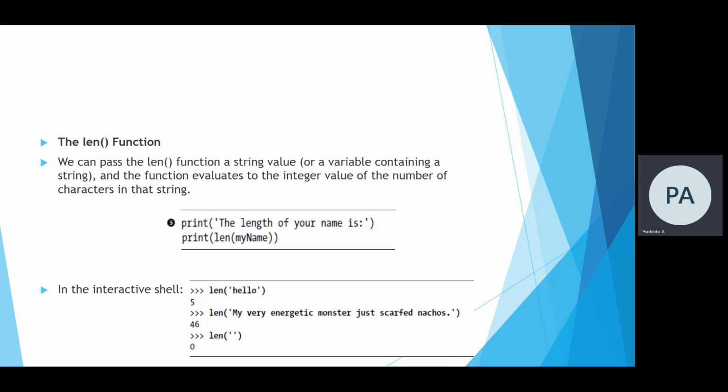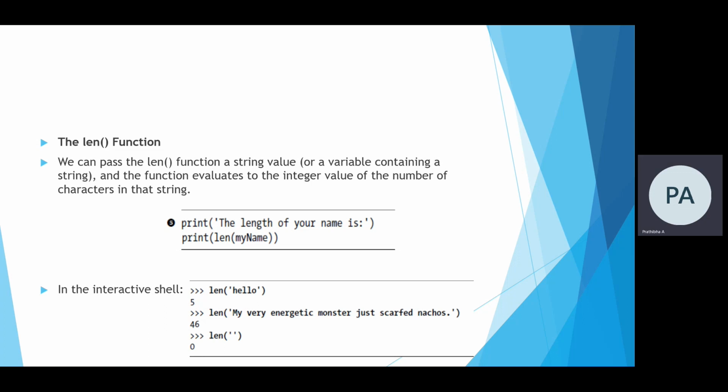You can see the statement print the length of your name is will be printed as it is. Then print len of my name means you are calling the function len and passing my name as a parameter. The length of the string contained inside my name will be displayed.